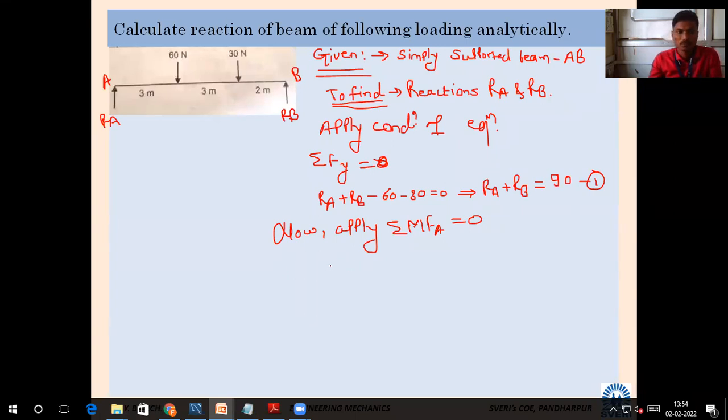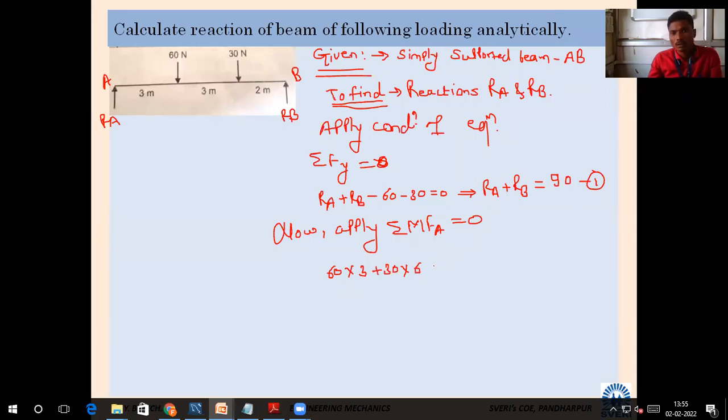What is the distance of the line of action of the 60 Newton force from point A? 3 meters. The next force, 30 Newton, rotates clockwise again, so 30 into 6 meters.